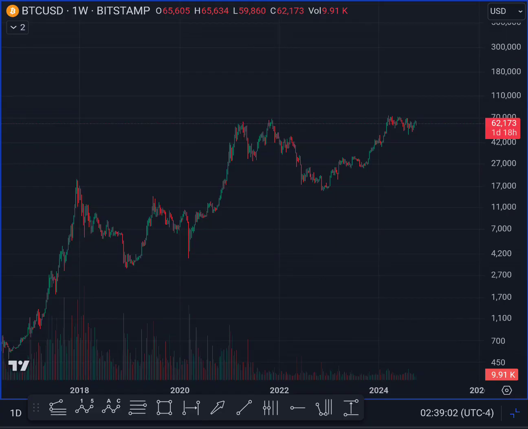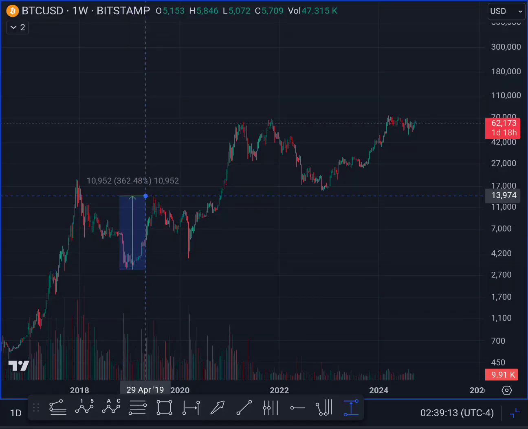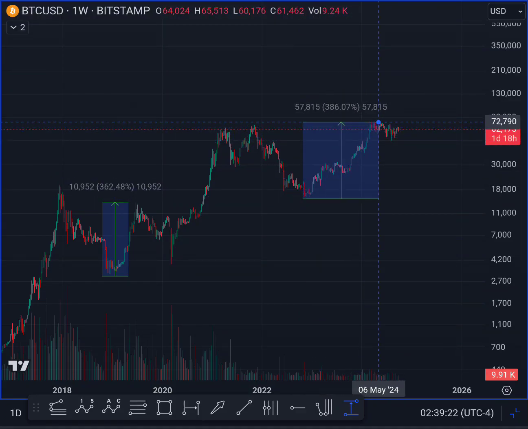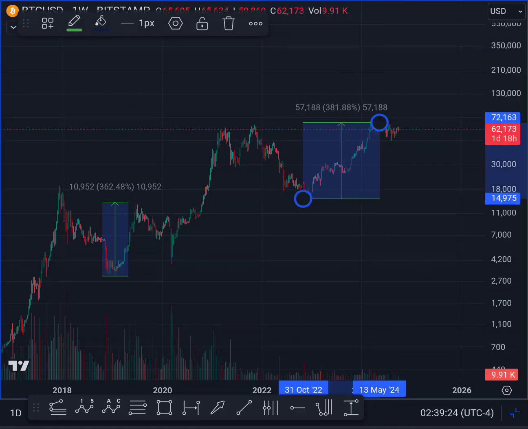So let's take some measurements. What did I want to measure? The height of 2019, how much that went up. And that went up 362%. And our current rally from 2022, we're currently up 385%.